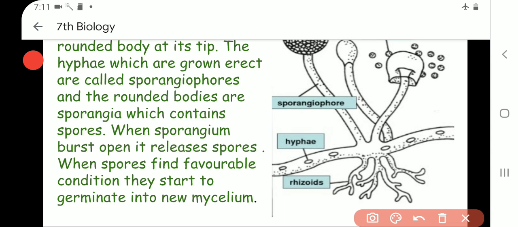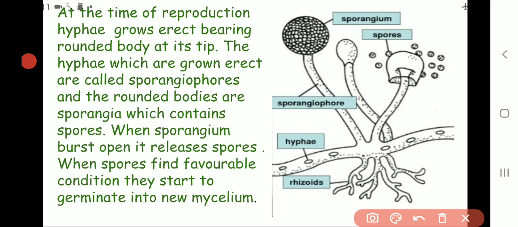At the time of reproduction, hyphae grow erect, bearing a rounded body at the tip. The hyphae which are grown erect are called sporangiophores. For example, you can look here. So this is what? Hyphae.